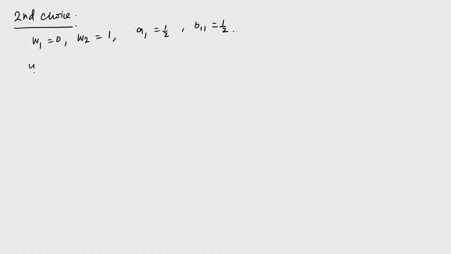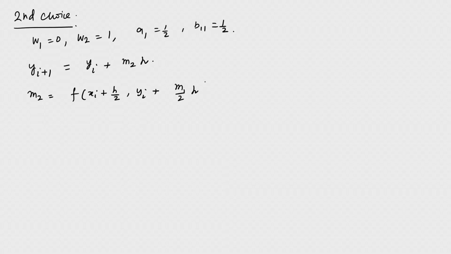Then the second order method gives y_i+1 equal to y_i plus m2 h, and m2 is f of x_i plus h over 2, y_i plus m1 by 2 into h. Okay. So, this is called the midpoint method.